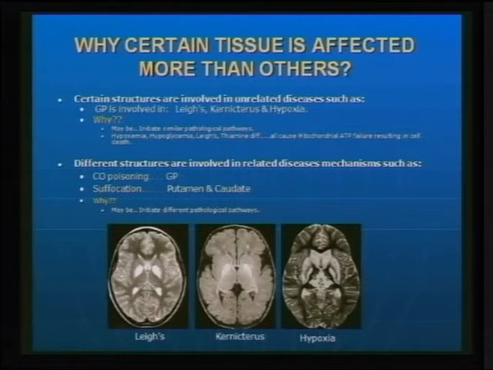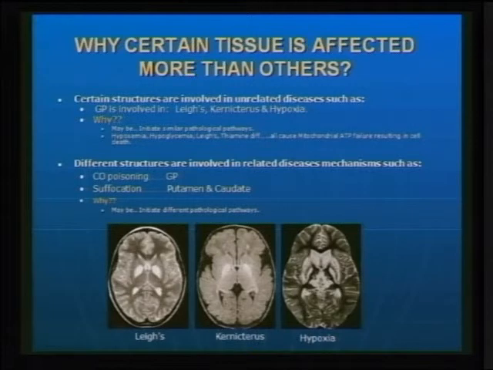Okay, why do certain diseases and certain tissues get affected more than others? Those who read neonatal brain MRI and deal with complicated cases will come to realize that some diseases that have no common pathological entities among them affect similar areas.